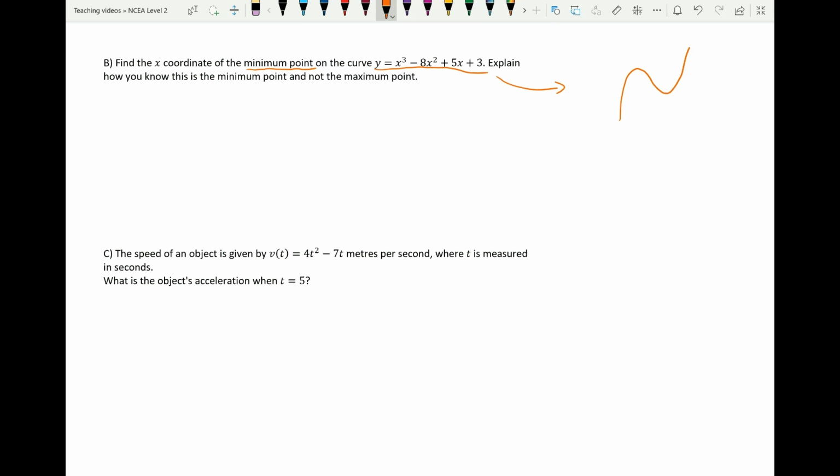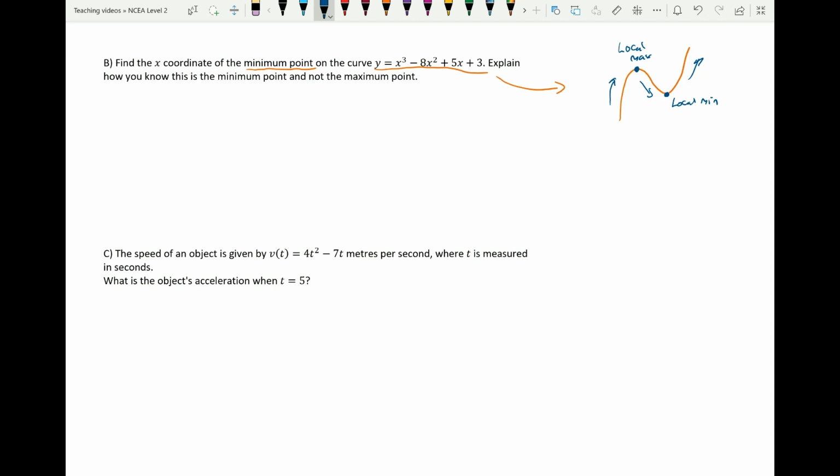So on a positive cubic, it will always go like this. It will always go up, to its local maximum, then down to the local minimum, and then it will increase again. So if we're being asked to find the minimum point, we need to find that second turning point.